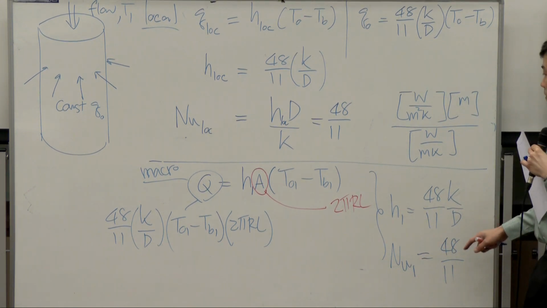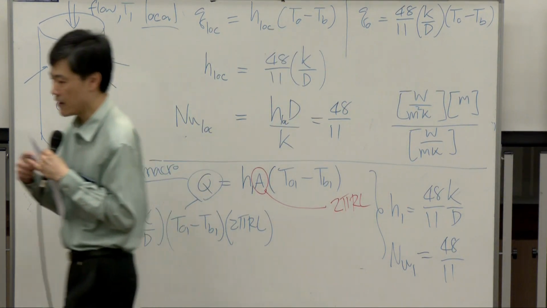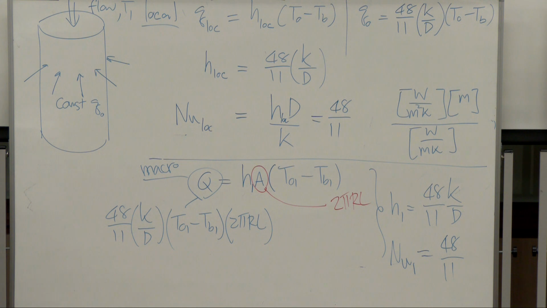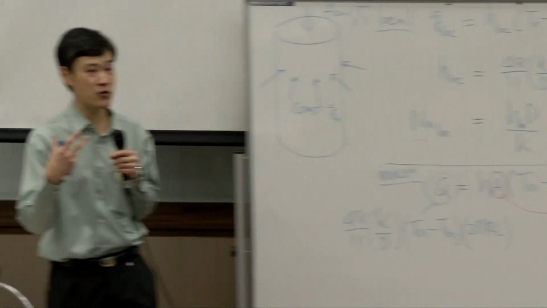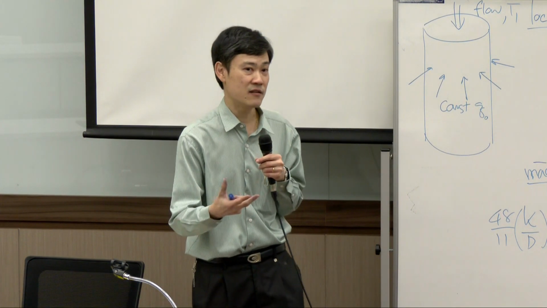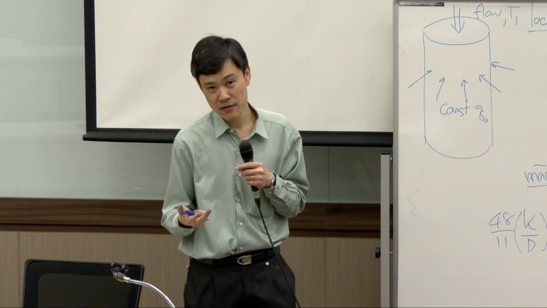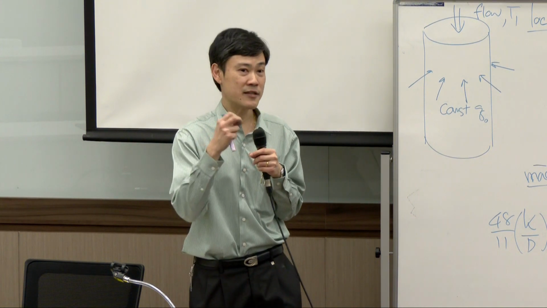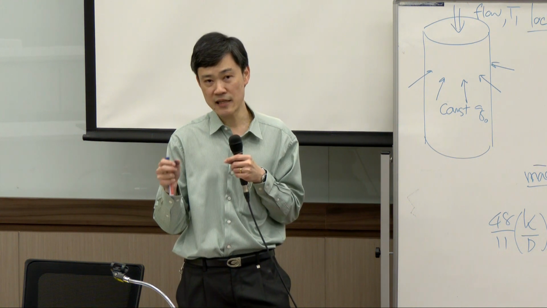All right? So let me wrap up again. This is the end of chapter 14. In chapter 14, we just want to use the temperature profile that we obtained from chapters 10 and 11, and try to come up with some variable that is useful for doing macroscopic balance easily.